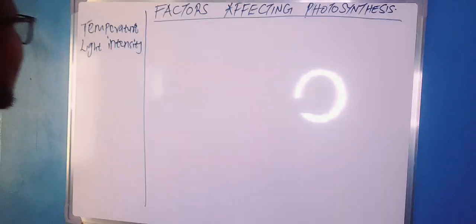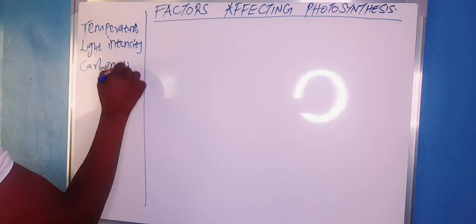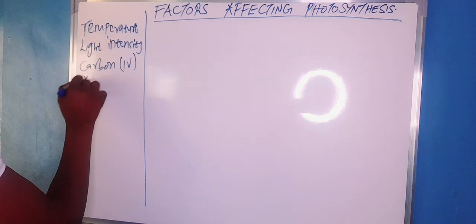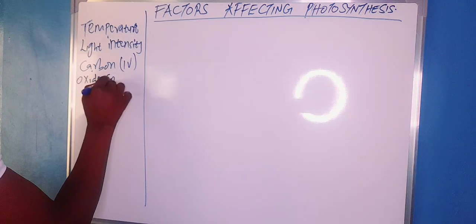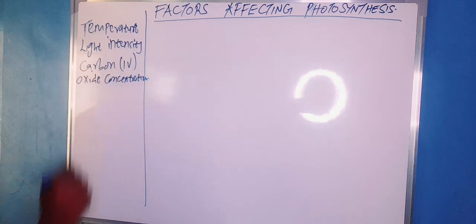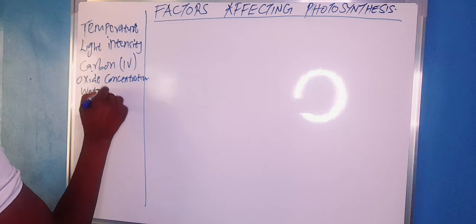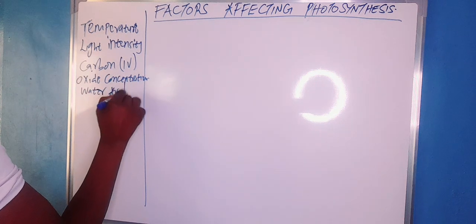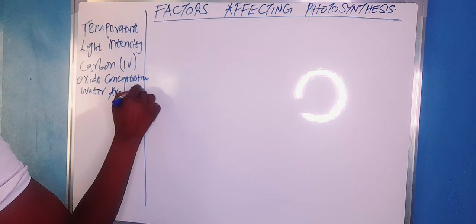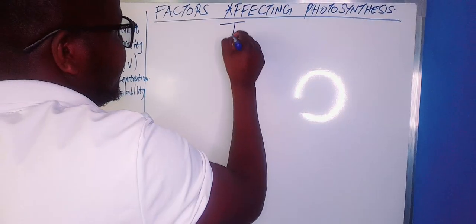The third is carbon dioxide concentration. Those are the main ones, and water availability being the last one. Let's start with number one, which is the temperature.